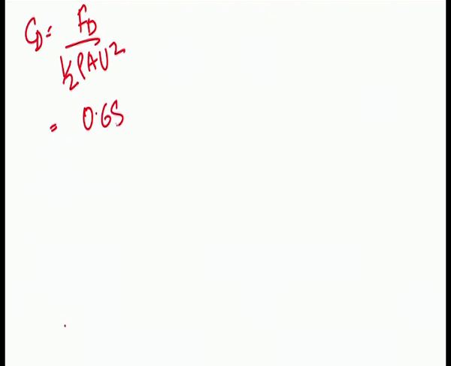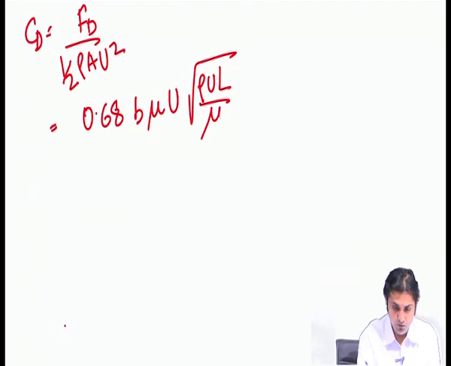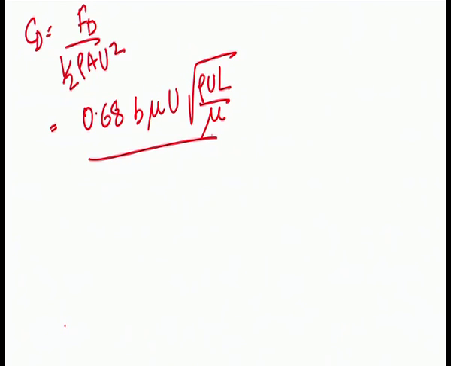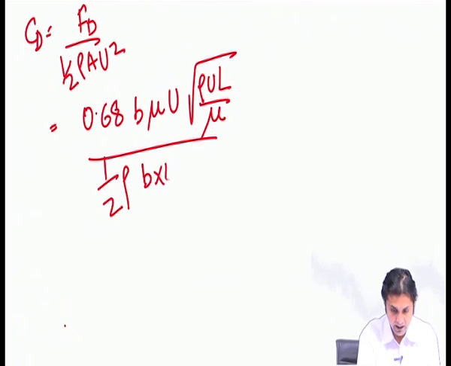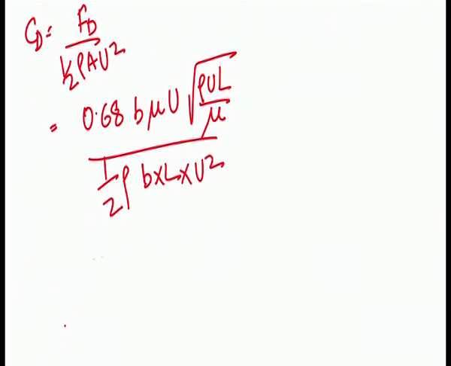It is 0.68 b mu capital U under root rho U L by mu divided by half rho, where the area is b into length into U square, and this will give us 1.36 into 1 by under root rho U L by mu.